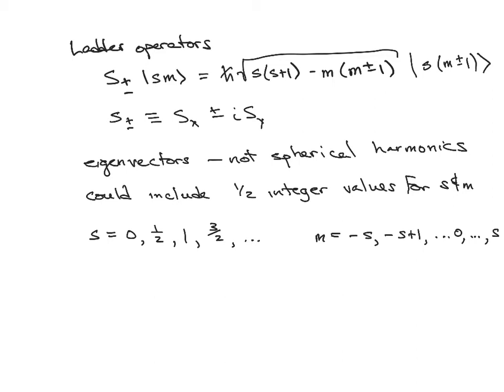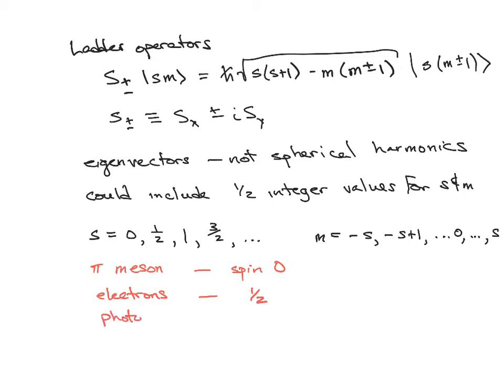It turns out that every elementary particle has a specific and immutable value of s. So there is a spin for that particular species of particle. For instance, pi mesons have spin of 0. Electrons, which are what we're most interested in, have a spin of 1/2.